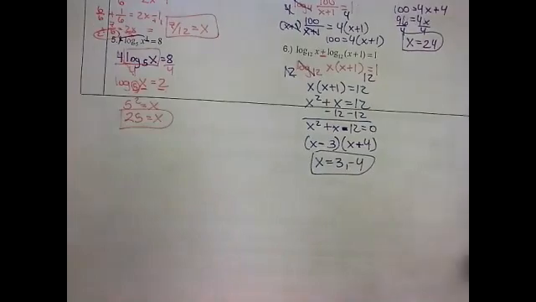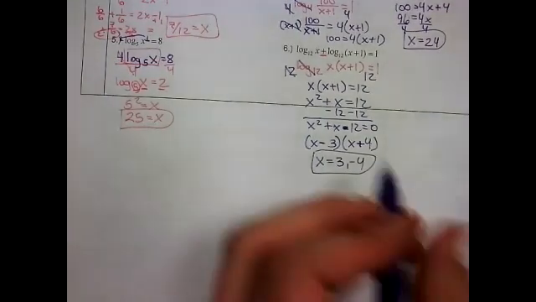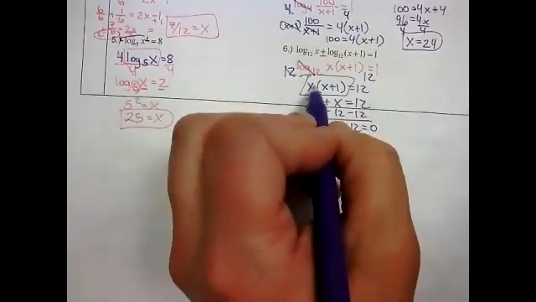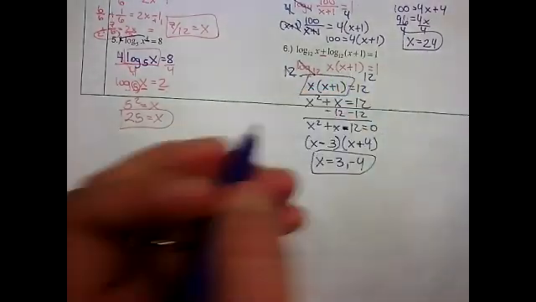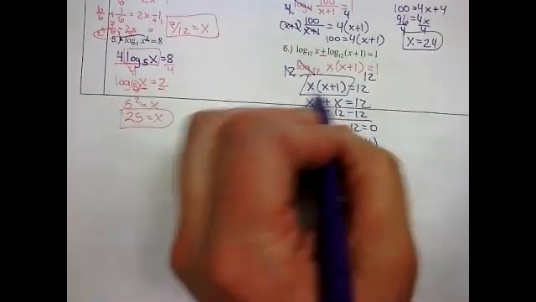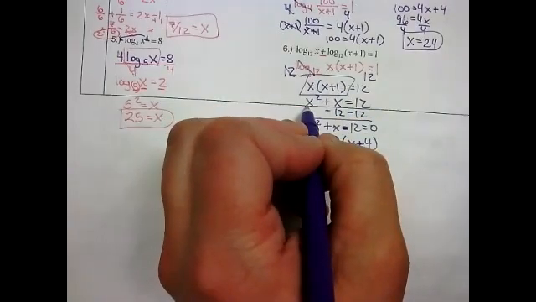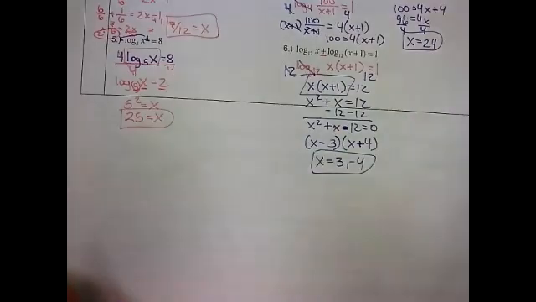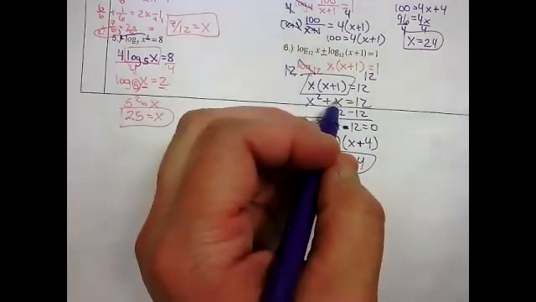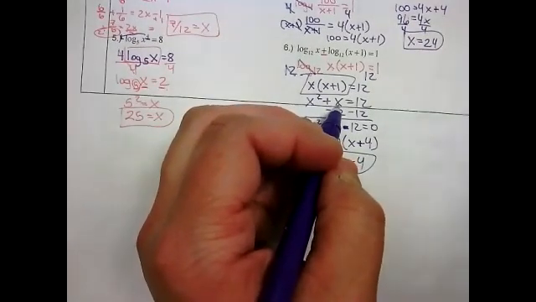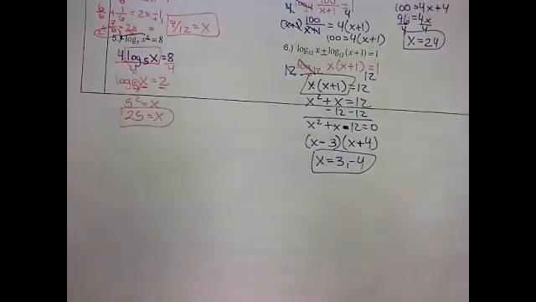Now remember, the domain of a log cannot be negative. But on this one right here, since it's actually the domain of all of this stuff, if I plug a negative 4 in here, I'm going to get negative 4 squared, which is 16, plus negative 4, which is 12.